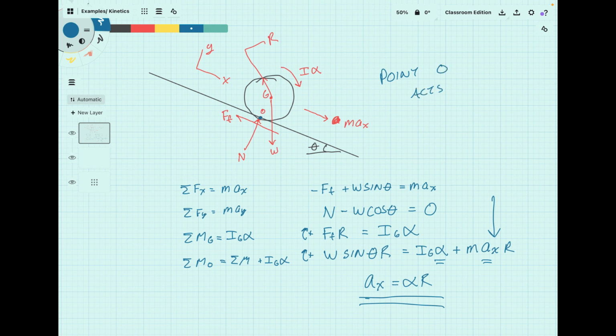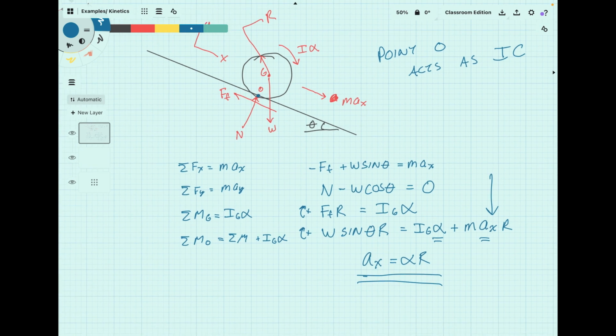Point O acts as an instant center. And it kind of has to because it's not slipping, it's not sliding down the plane. So at any given point in time, the point of the sphere that's in contact is not moving down the ramp. It's just acting as kind of a fulcrum to rotate about.